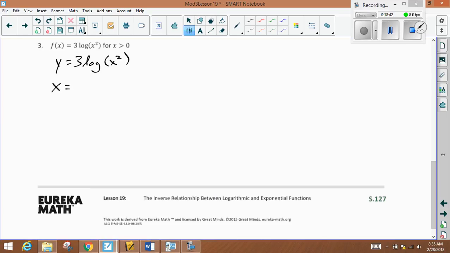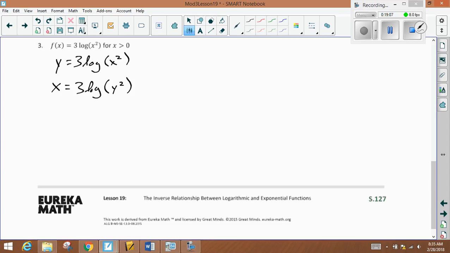Substitute x for y and y for x. Now let's solve for y. Easier said than done, right? Y is stuck in there quite handily, isn't it? We got to get it out. How do we get it out?